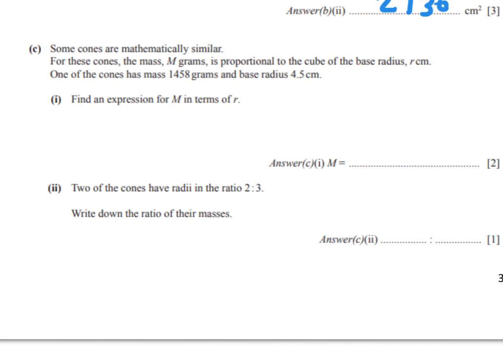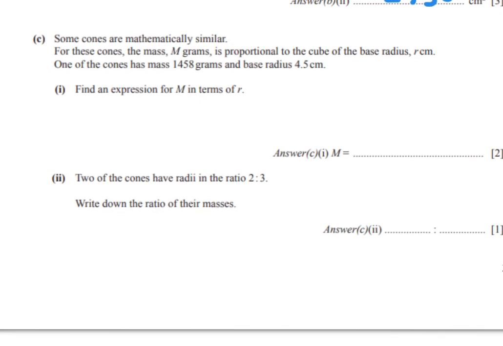For these cones, the mass M is proportional to the cube of the base radius R. So we can say that M equals a constant K times R cubed.